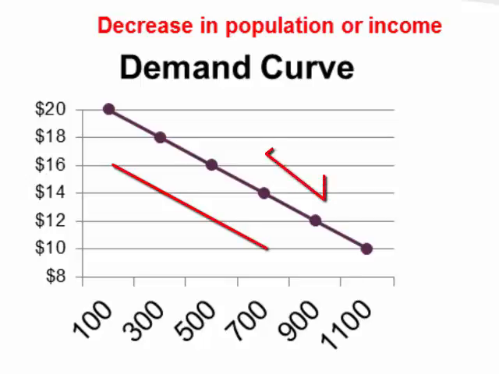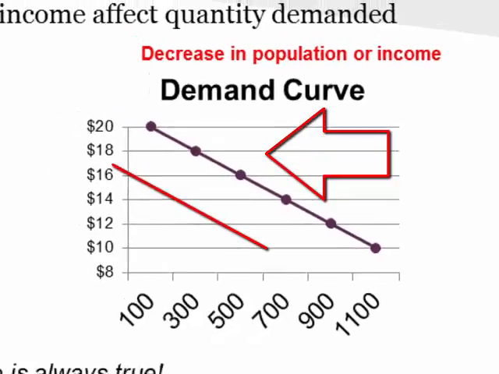If people are suffering financially, they're going to buy fewer DVDs because they can't afford to buy the same amount of DVDs at that price point. So again, decreases in population or income will cause demand curves to shift to the left. Demand will drop, as opposed to increases, which will cause demand to increase.